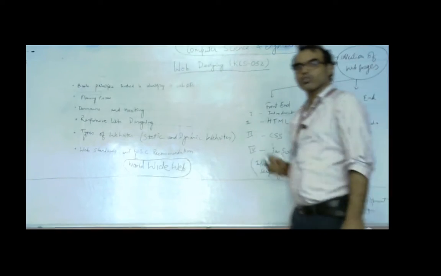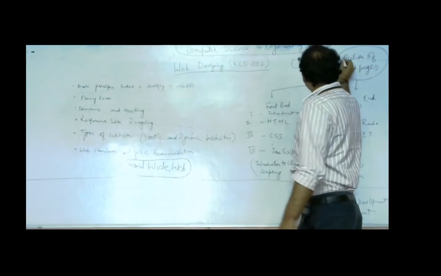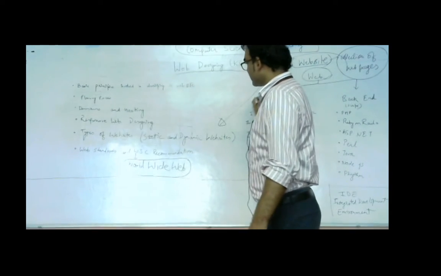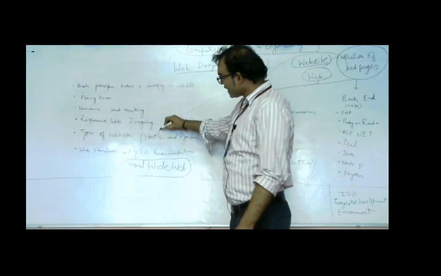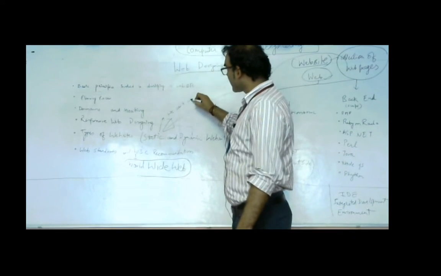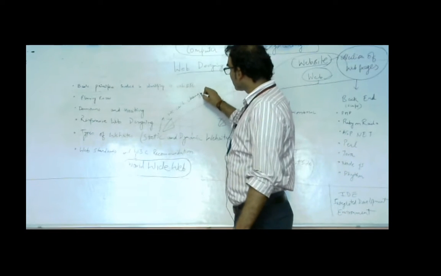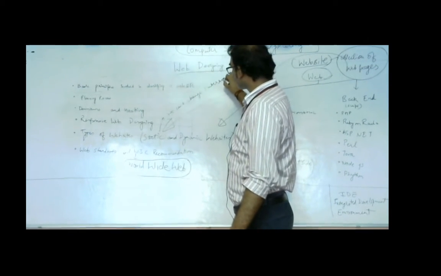Website is a collection of web pages, and there are two types of web pages: static web pages and dynamic web pages. Static web pages, we can't change or interact with the content.